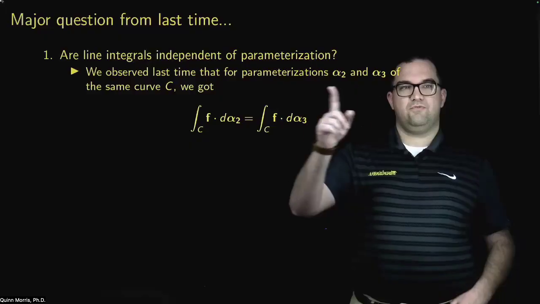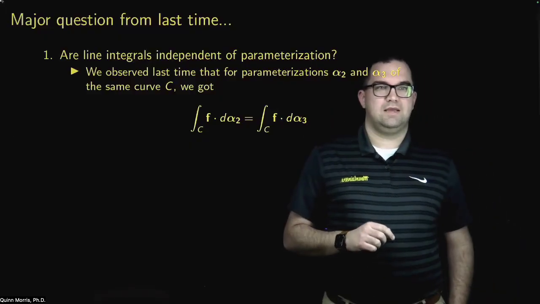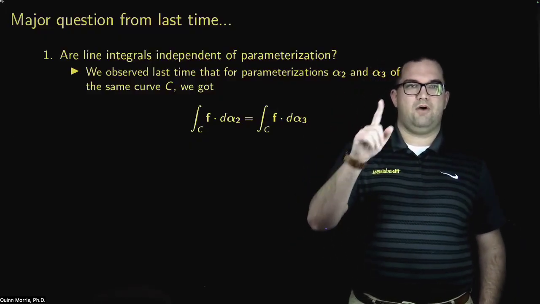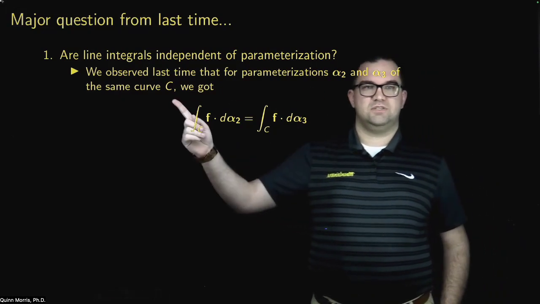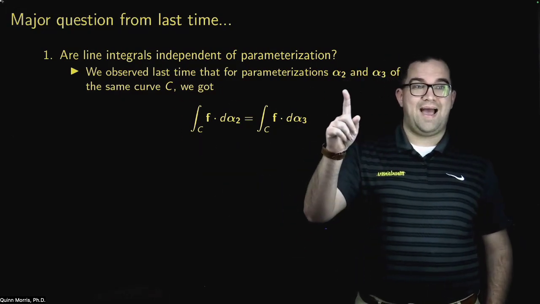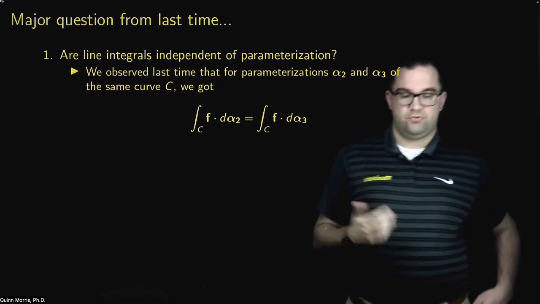So as we've written it here, you could think, okay, well, alpha 2 and alpha 3, these are both parameterizations of the same curve C because the graph of alpha 2 and alpha 3 are the same.